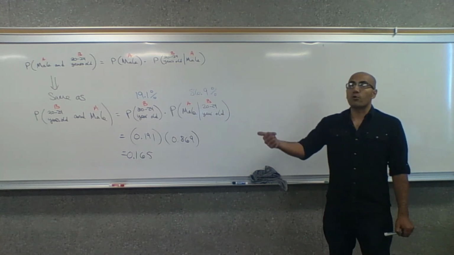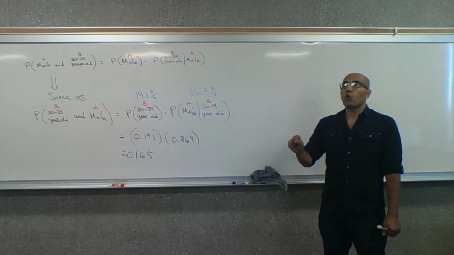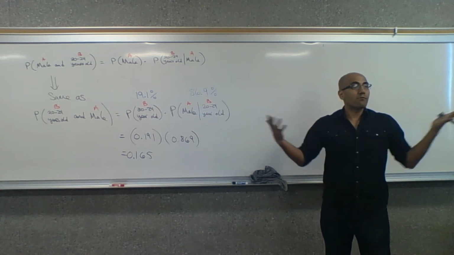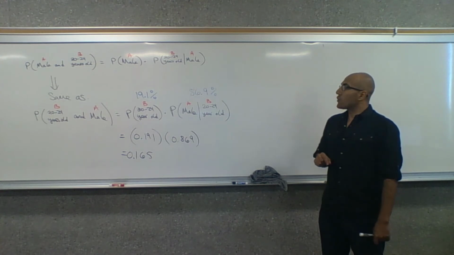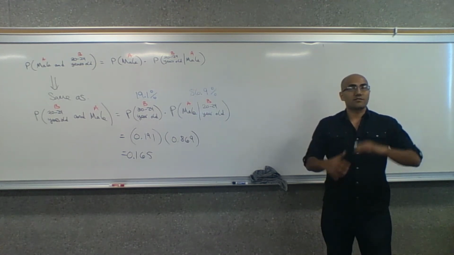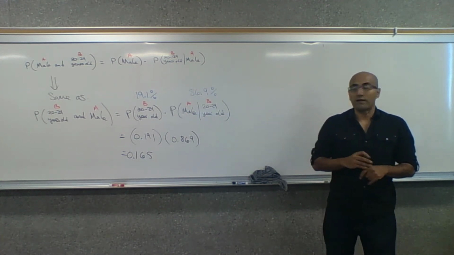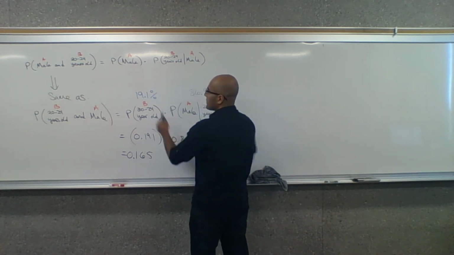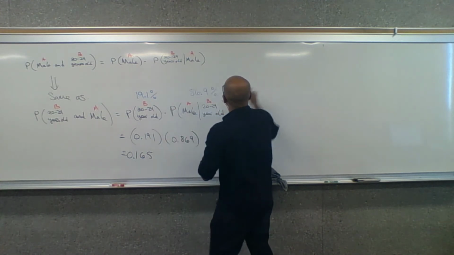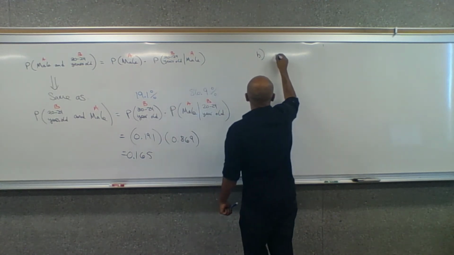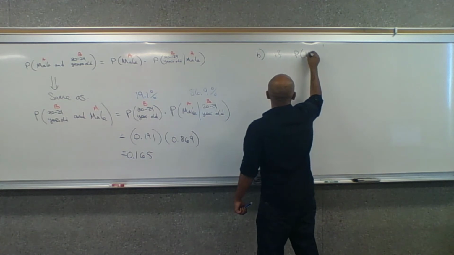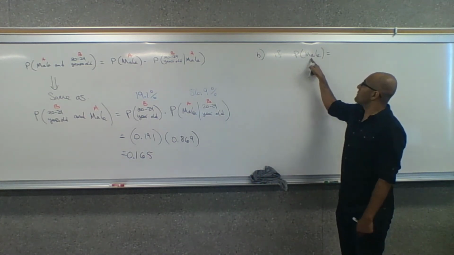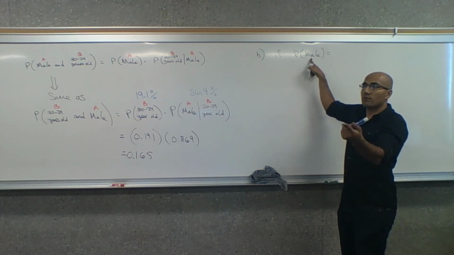Let me just throw in one more thing. What if I told you that the probability that a murder victim of any age, just a murder victim, is a male, and I told you that that probability is, make one up. I'm just making one up right now. So let's say the problem extends to a question, this is part A. Let's say part B of the problem says, if the probability of being male is equal to, so a murder victim in 2005, what do you think it is?